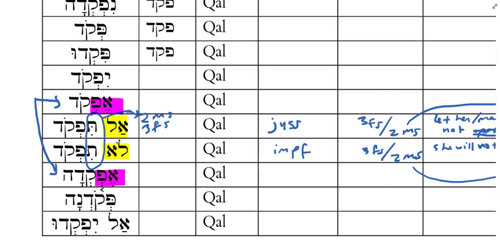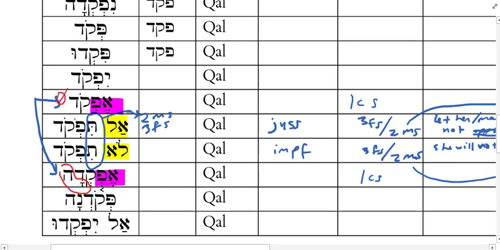So looking at the prefix aleph, which person and gender and number is that? First common singular, for both, right? Have a prefix aleph on the bottom. That's 1cs. They're both in the qal stem, because that's the only stem we know. But this one has the additional qamets at the back, whereas the first one did not.